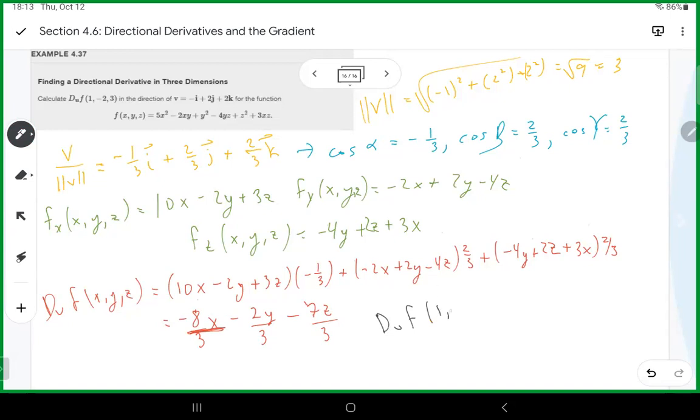And it was 1, negative 2, 3. So that would be, oops, minus. So then your overall answer would be negative 25 over 3.